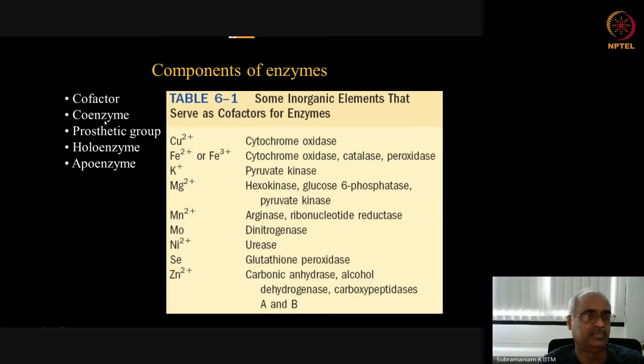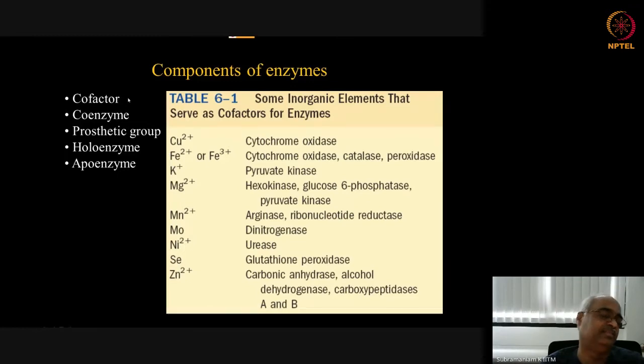We will see examples when we consider individual biochemical pathways. At that time, I'll point out which vitamin is functioning as a coenzyme for which enzyme and what reaction is catalyzed. That will help you appreciate the importance of vitamins in biochemistry.